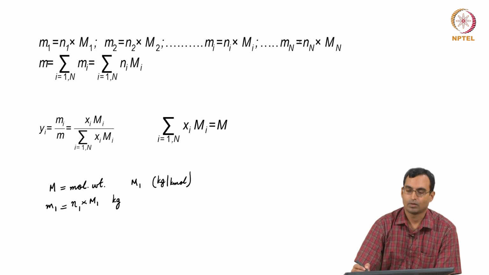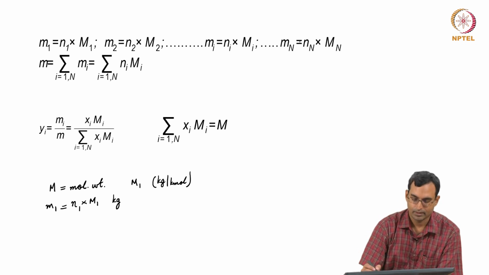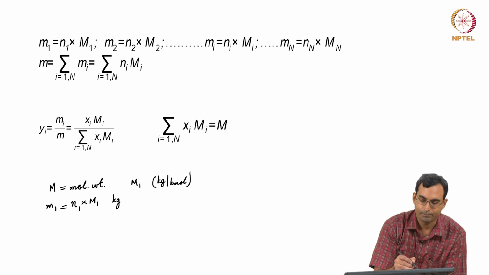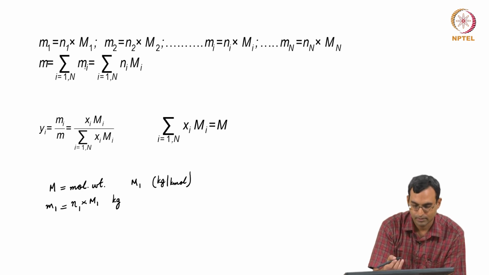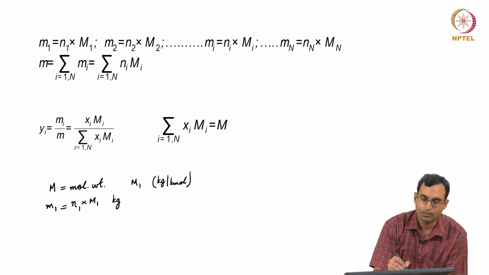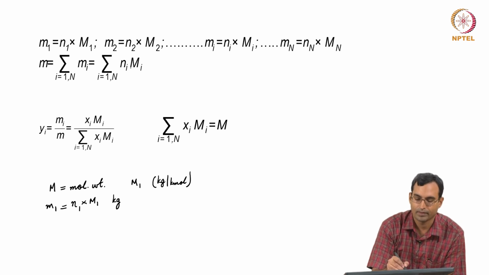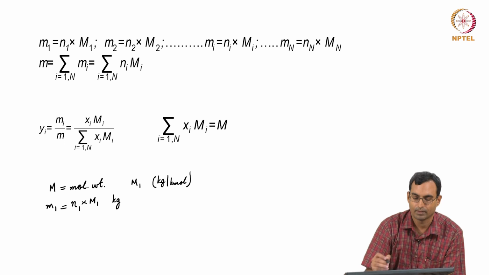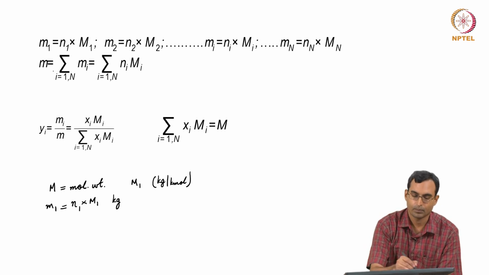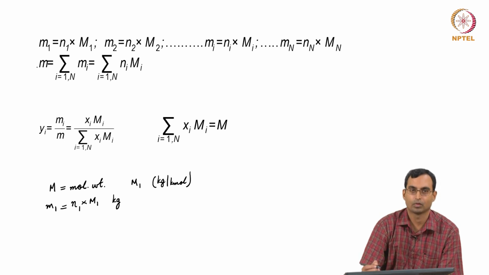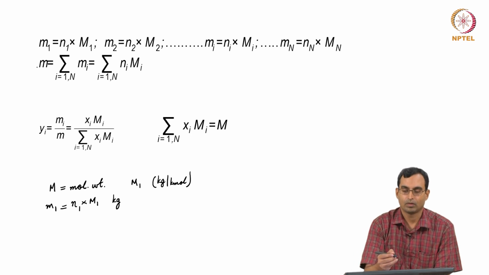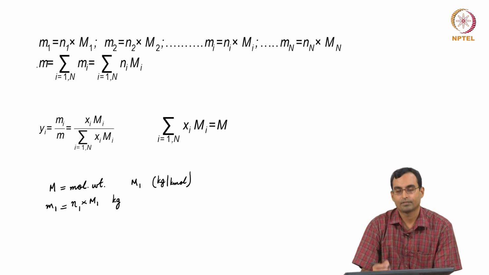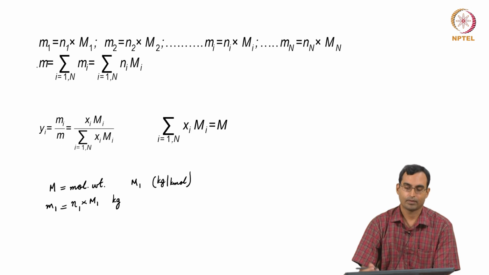And we know that the total mass is the sum of the individual masses. So, the total mass, which is m, is the sum of mi, that is by definition, which is now equal to the sum of the number of moles of each species into the molecular weight of that species. So, we now have another way of finding out the total mass if we know the number of moles of each species. Of course, if we directly knew the mass of each species, we could just sum them up directly.